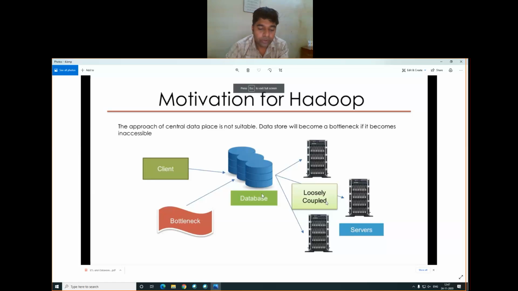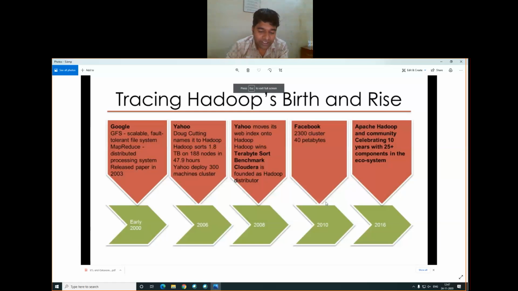Now I am tracing the history with Google, from 2002 to 2004, in this diagram.